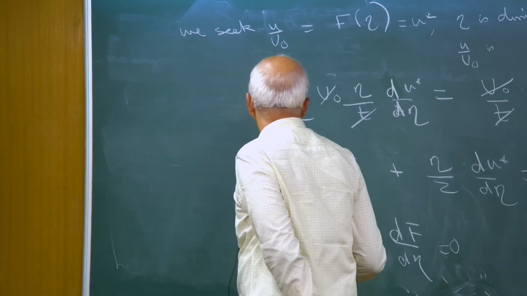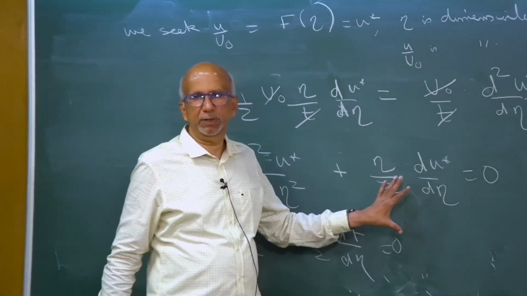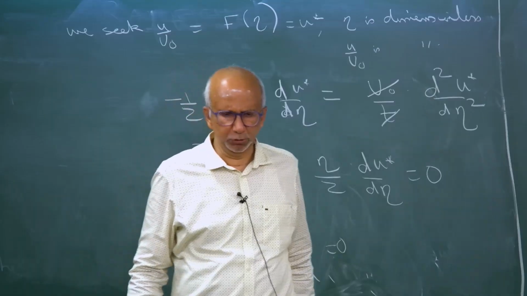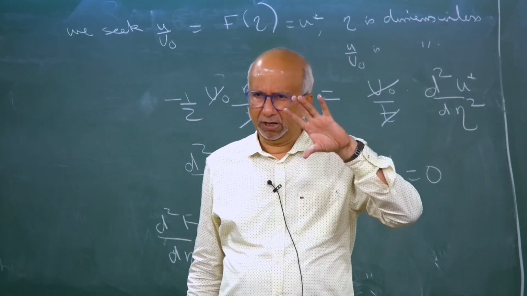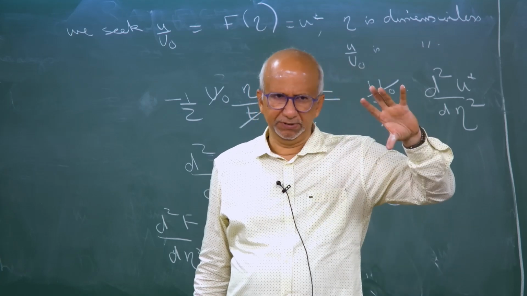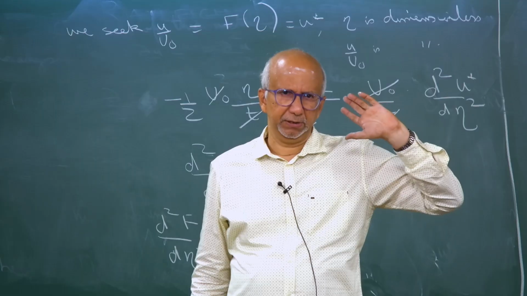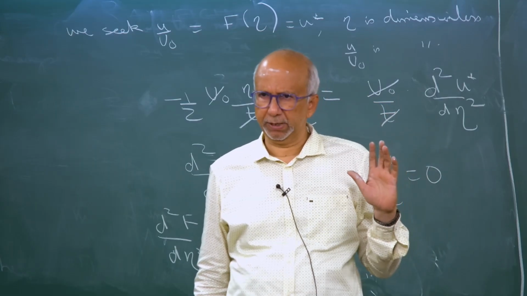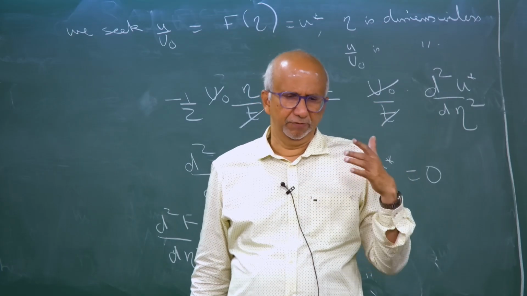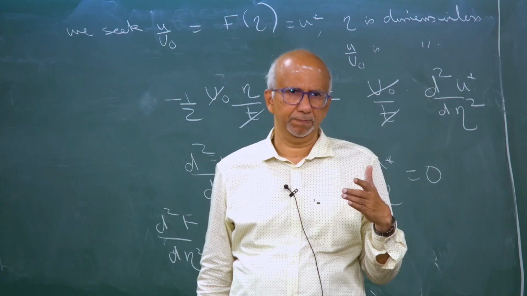We will do it in the next class, but you get a solution in the form of some error function. The idea is, what have we done? We have converted a partial differential equation to an ODE. Motivation is characteristic scales were missing, and we therefore were looking for a solution using a similarity transformation.